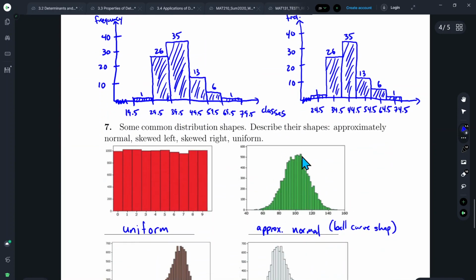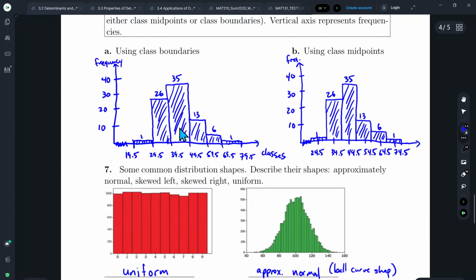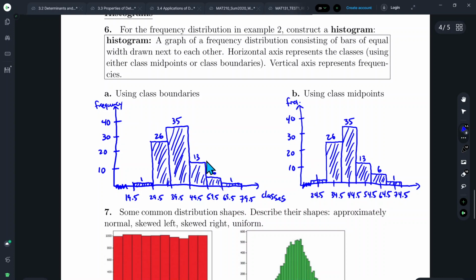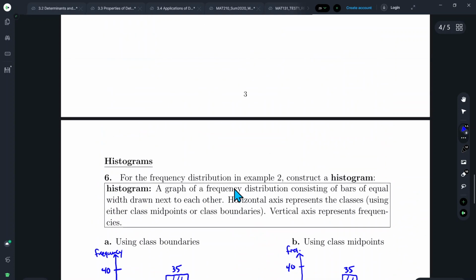Approximately normal should be symmetric like this, but if we look at this diagram here, you can see that on the right side the tail seems to be a little bit longer. So it appears that this is skewed slightly to the right.